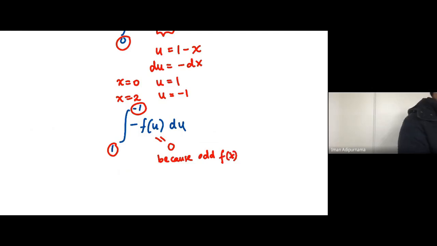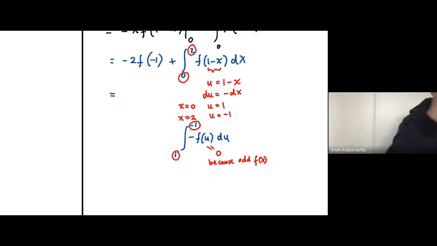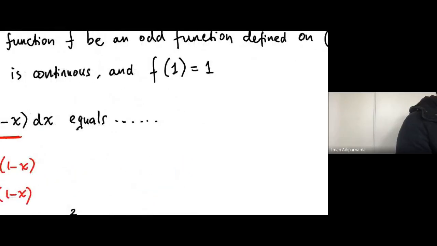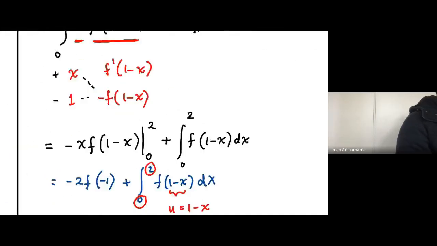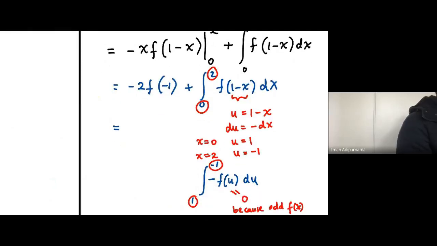Okay, and then we can look at the left part now. Now we are looking at f(1), which is actually 1, right? So we can say this is 2f(1), it's 2.